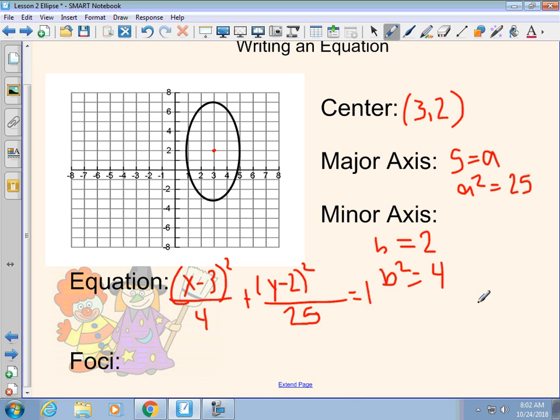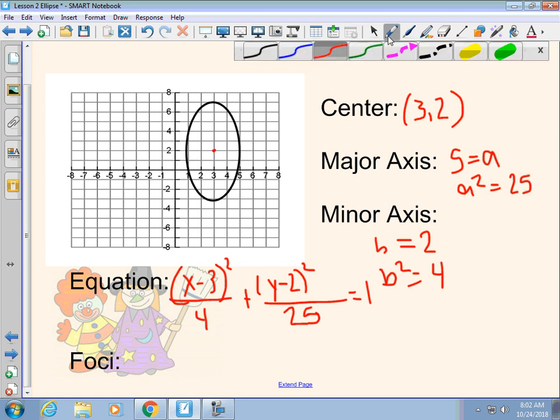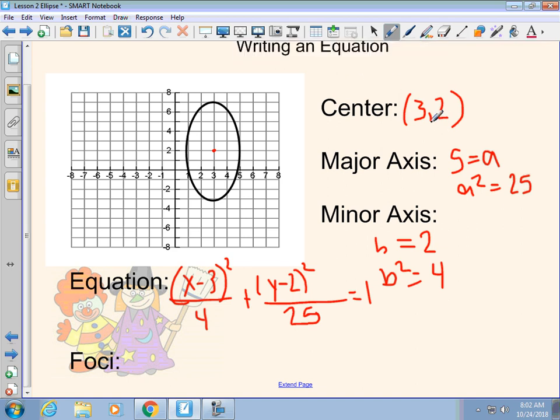Now these are the same numbers we had last time, so it's still going to be for the foci, we're still adding and subtracting the square root of 21. But we are adding it and subtracting it to the y values this time because this is a vertical ellipse. So we would have 3 comma 2 plus or minus the square root of 21.